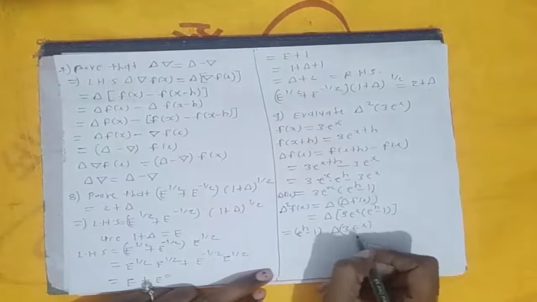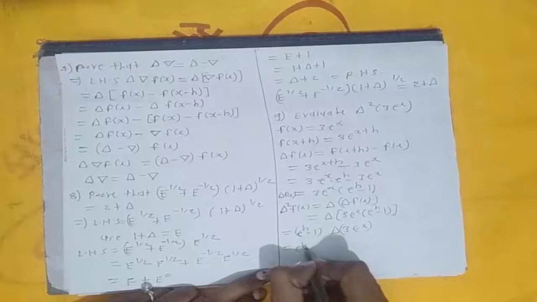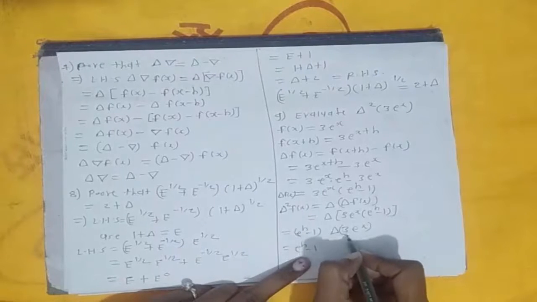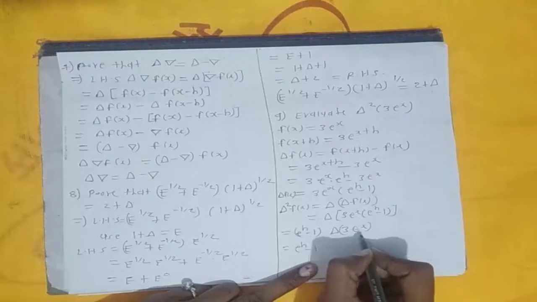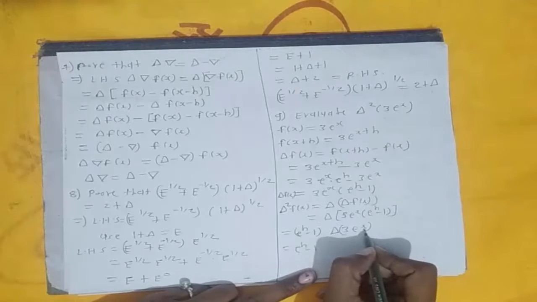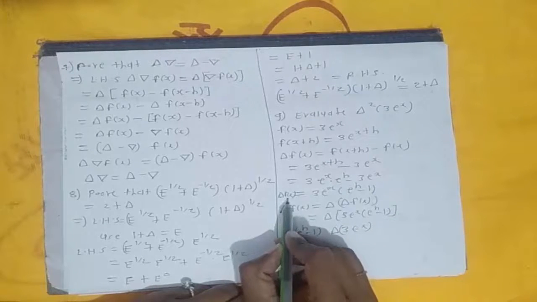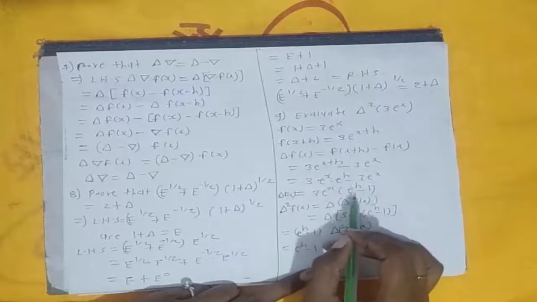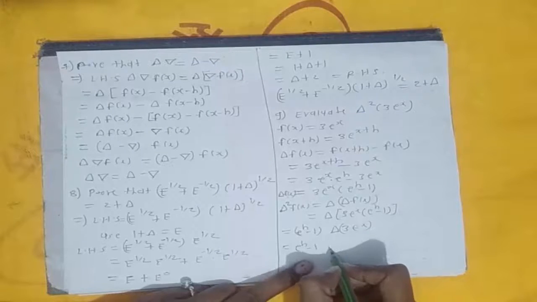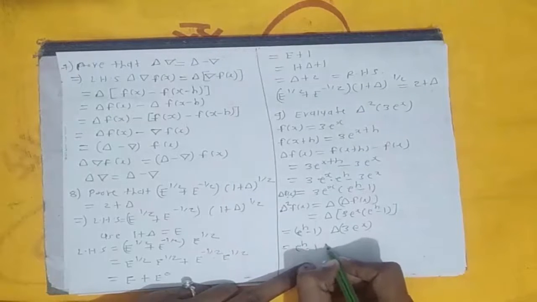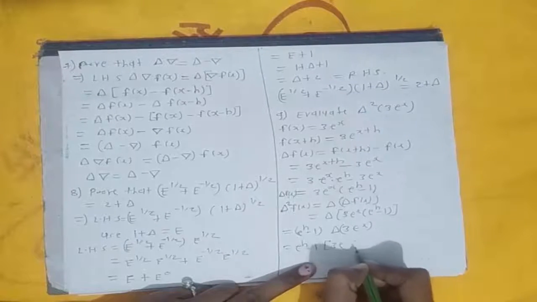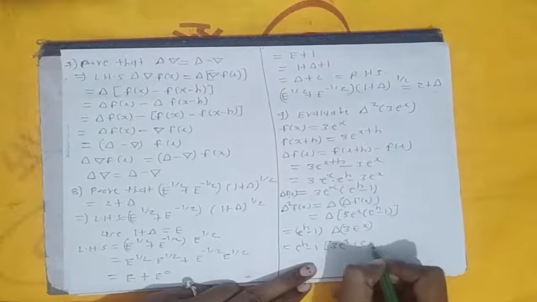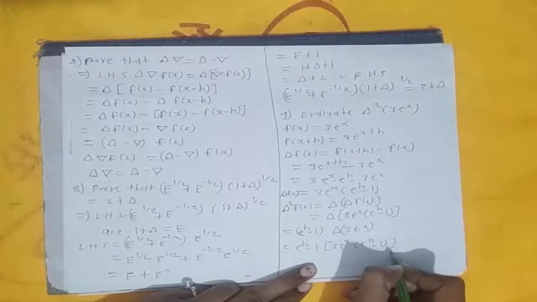Okay, so we get here e raised to h minus 1. Here we find the value of delta 3 e raised to x, because f of x will be 3 e raised to x. From that we can write directly, in bracket we get 3 e raised to x in bracket e raised to h minus 1.